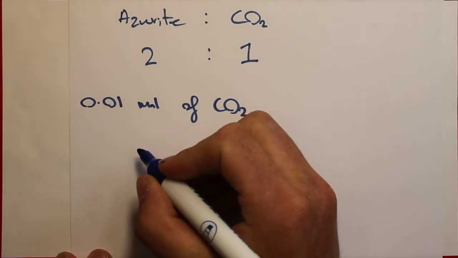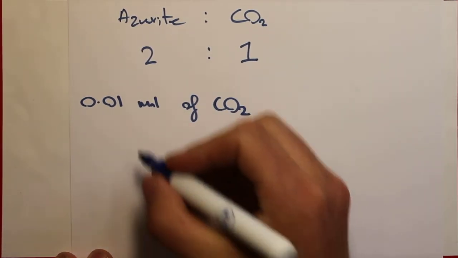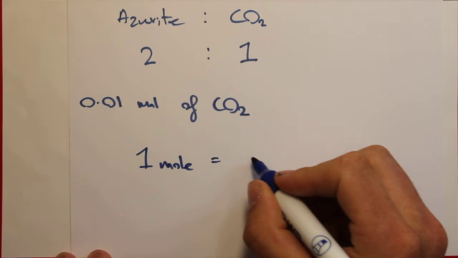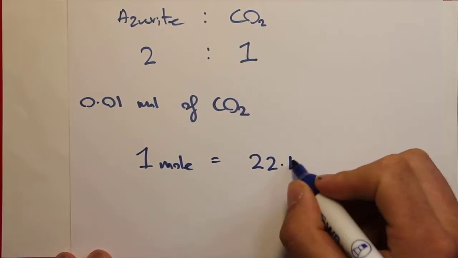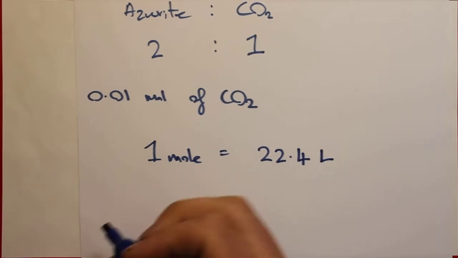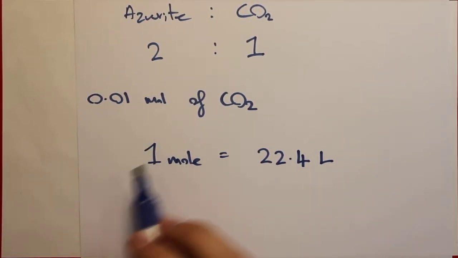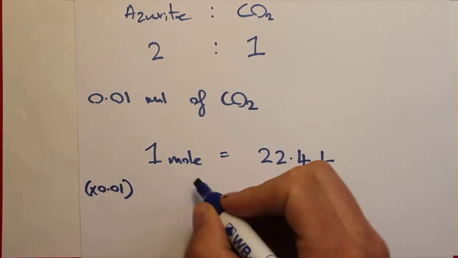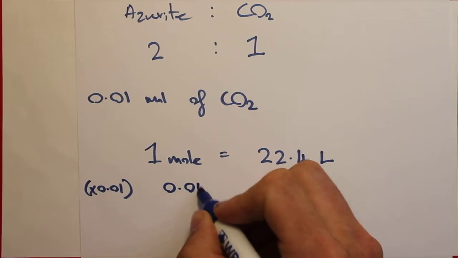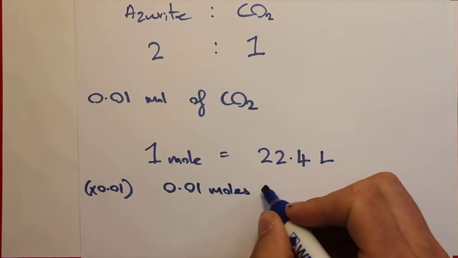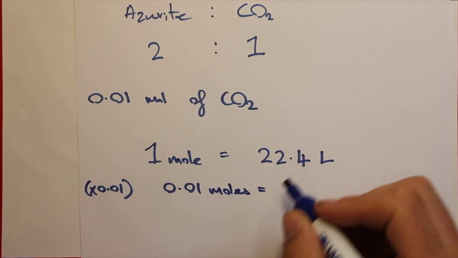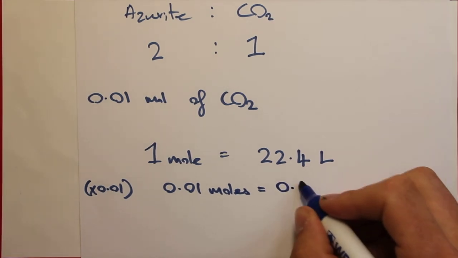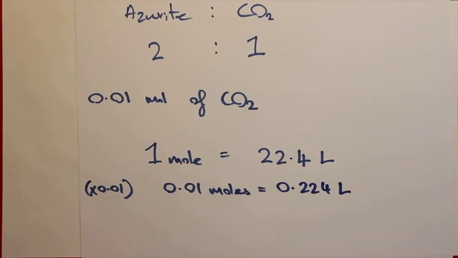So we know 1 mole of any gas is equal to 22.4 litres. Well, we've got 0.01 moles of our carbon dioxide gas. So if we times both sides by 0.01, we will have 0.01 moles is equal to 22.4 litres times 0.01, which is 0.224 litres.